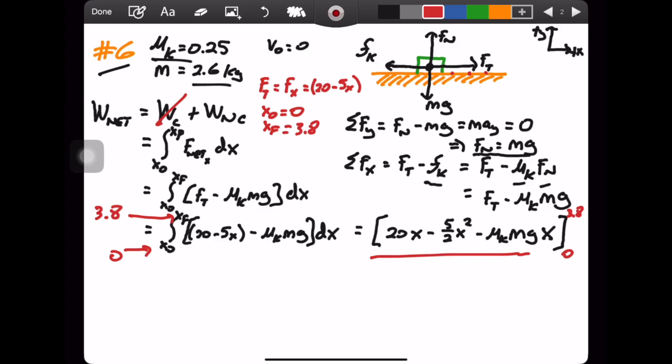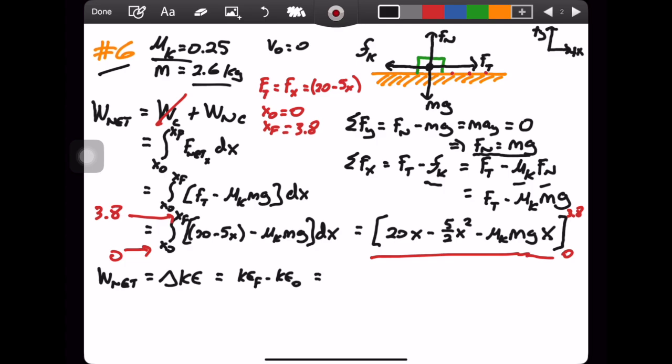So a key move now is recognizing that the net work done on the block is equal to the change in kinetic energy of the block. This is the work energy theorem. We know what the net work on the block is. That's this right here. The change in kinetic energy of the block is going to be KE final minus KE initial.